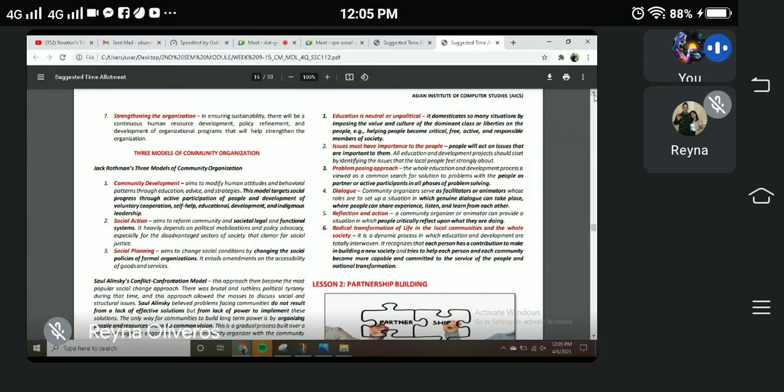So this covers a dynamic process in which education and development are totally interwoven. It organizes each person who has a capacity or contribution to make in building a new society, and tries to help each person and each community become more capable and committed to the service of the people and national transformation.